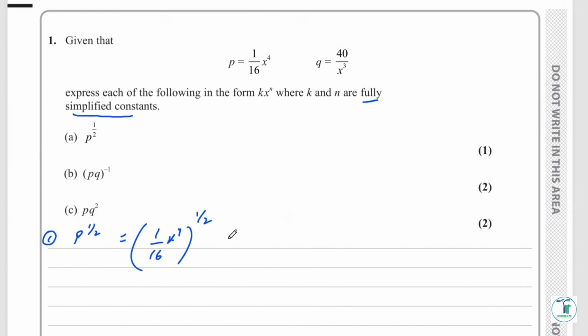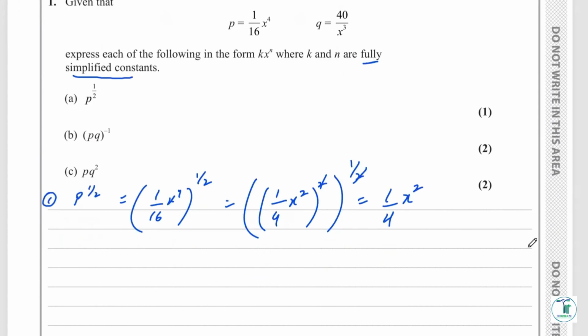So I can write it like 1 by 4 x square whole square to the whole power of 1 by 2. This 2 and 2 would get cancelled out, and you would have the final answer as 1 by 4 x square, right? Where k is 1 by 4 and n is 2 are the fully simplified constants.